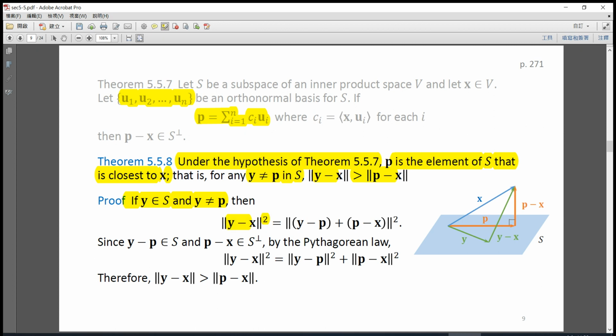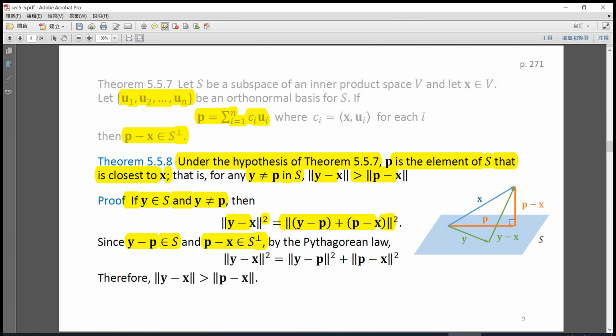We know that the square of the norm of Y minus X equals the square of the norm of Y minus P plus P minus X. Both Y and P are in S, and S is a subspace, so Y minus P belongs to S. We also have P minus X belongs to S perp, which is the result of Theorem 5.5.7.